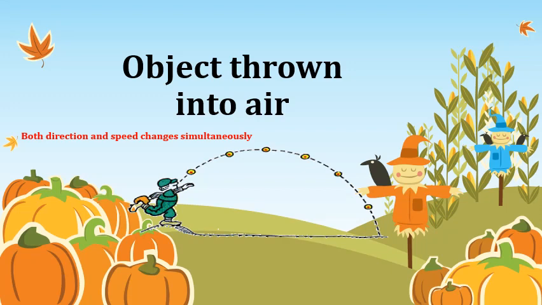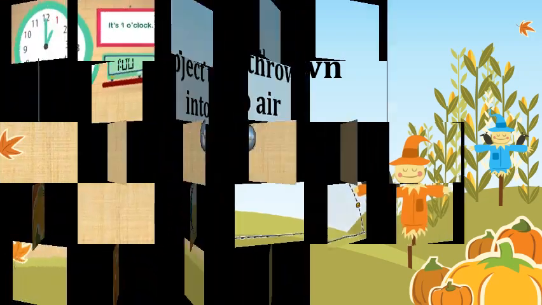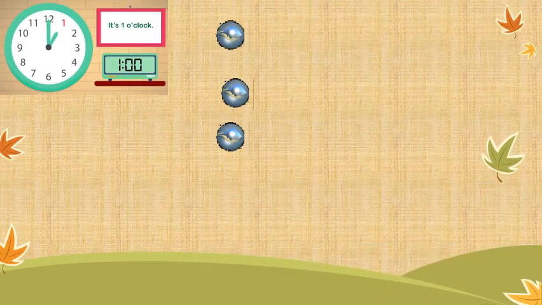So a ball thrown into the air is an example of non-uniform motion. We will take one more example.